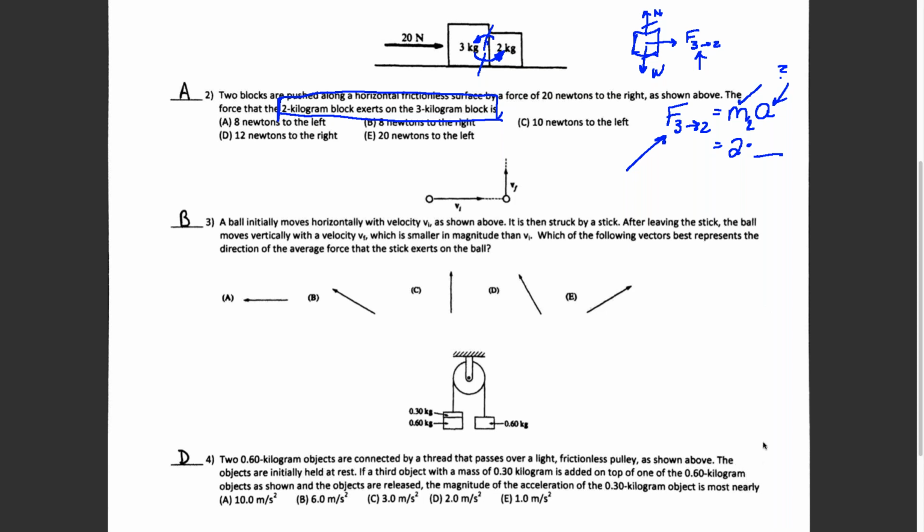And as we've discussed on this call tonight, and I think in other ways as well, one approach is to just treat the 3 and the 2 kilogram block as a single 5 kilogram block with 20 newtons pushing on it. And if that was the case, we've got a normal force and a weight.